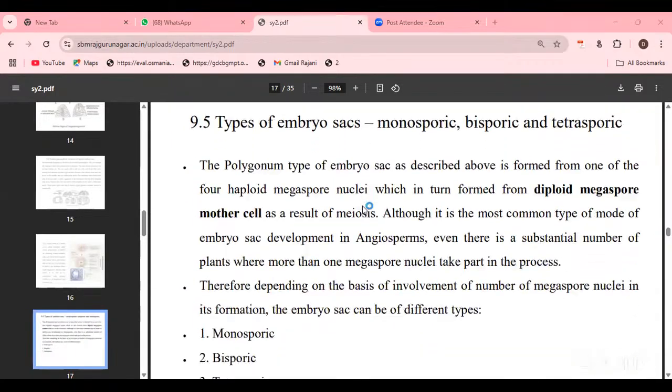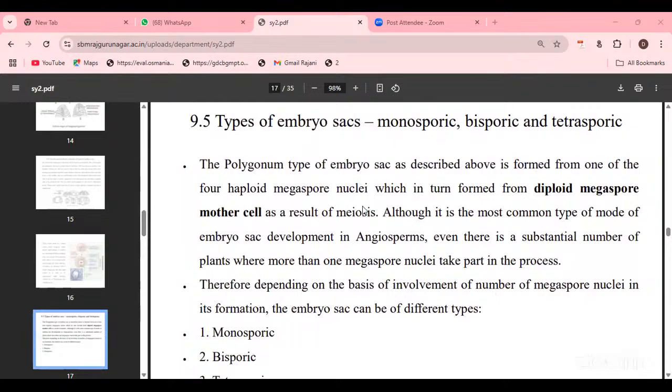Types of embryo sac. Three different types of embryo sac are there: monosporic embryo sac, bisporic embryo sac, and tetrasporic embryo sac. The monosporic embryo sac, the polygonum type as described above, is formed from one of the four haploid megaspore nuclei, which in turn are formed from the diploid megaspore mother cell as a result of meiosis.